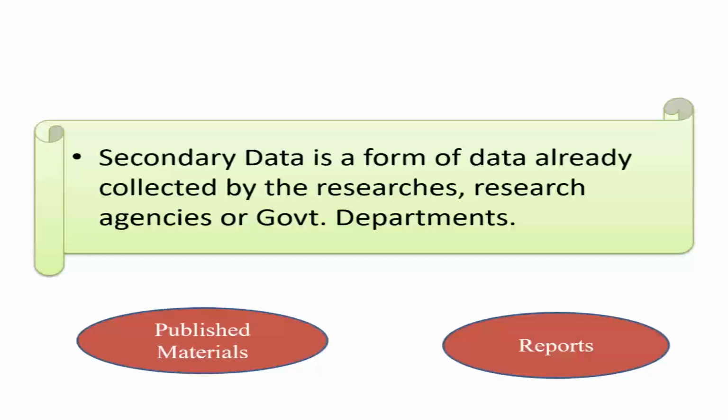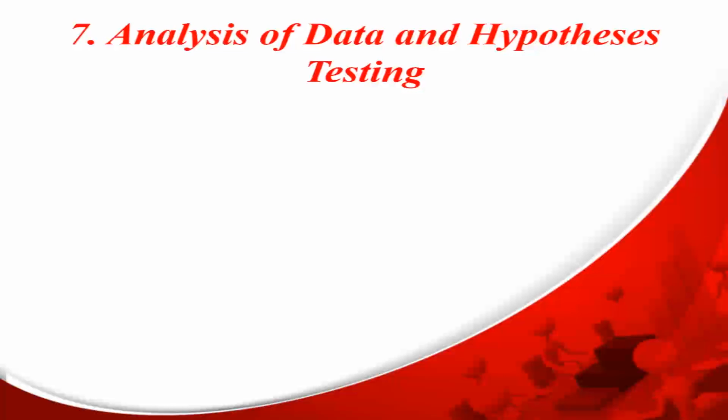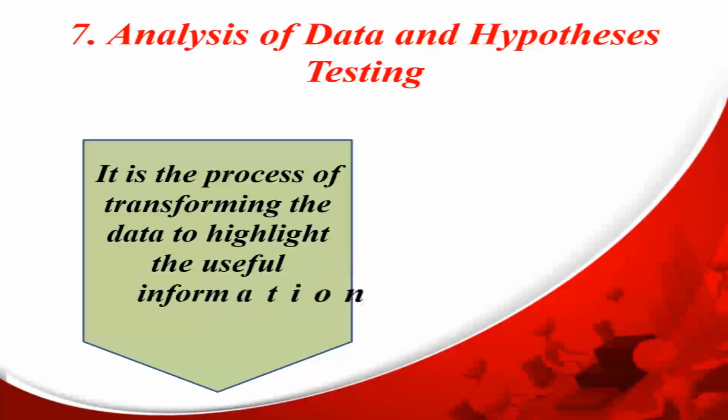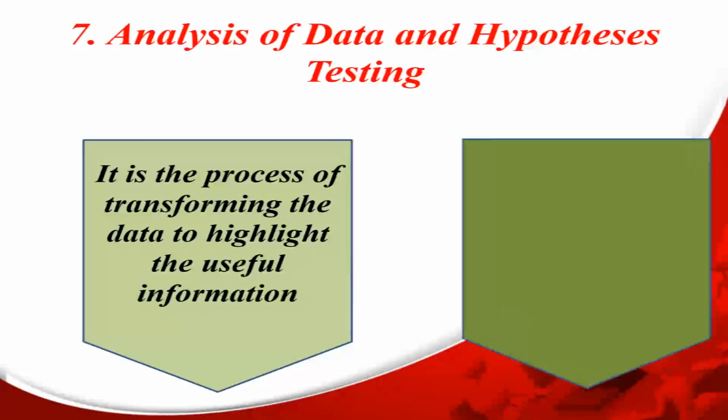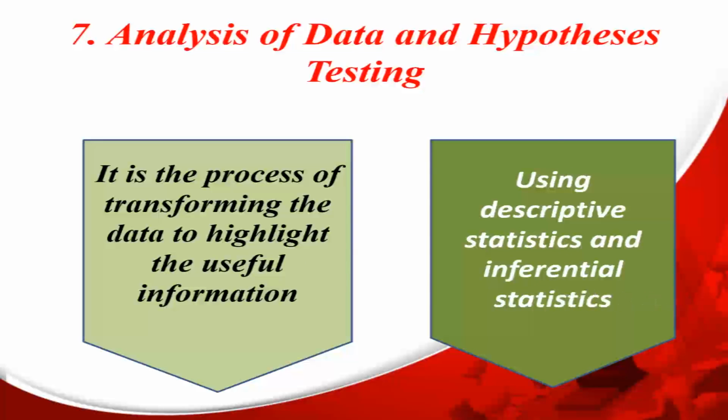The next step in the research process is the analysis of data and hypothesis testing. After the data is collected, it is coded and prepared for data analysis. Data analysis refers to the process of transforming the data to highlight the useful information. Usually, data is analyzed by using descriptive statistics and inferential statistics.